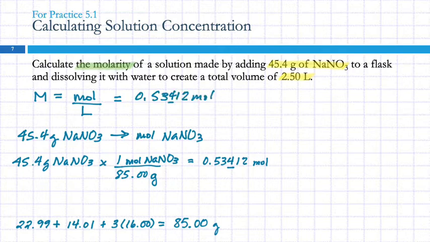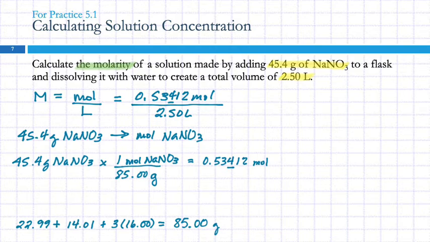Moles. And what's the volume? 2.50 liters. Sometimes they'll give you the volume in milliliters. Molarity, it has to be liters. It has to be solute in moles, volume in liters.